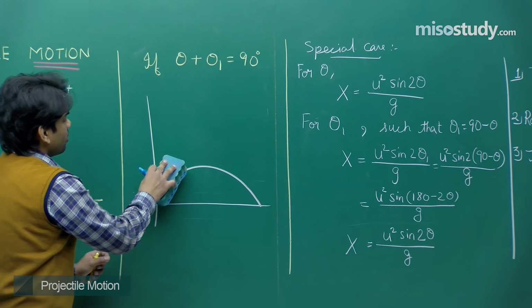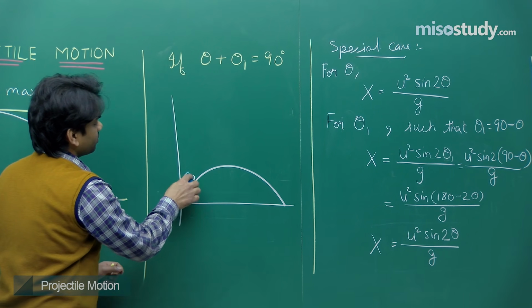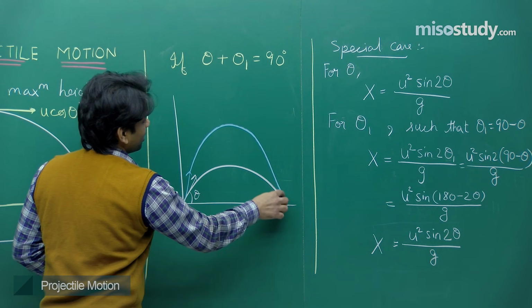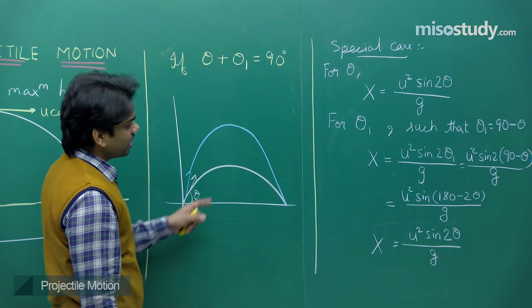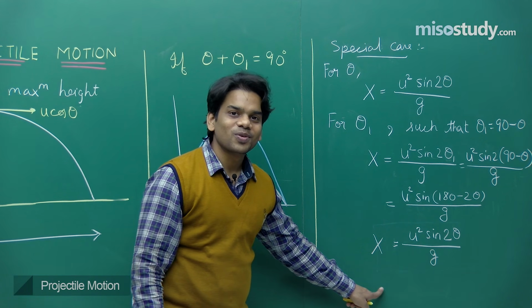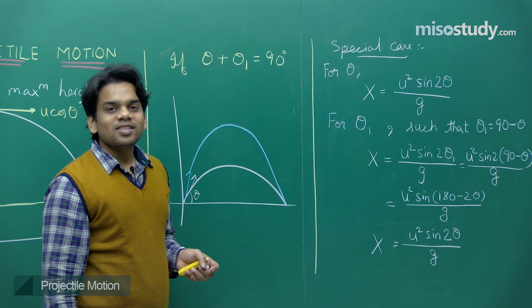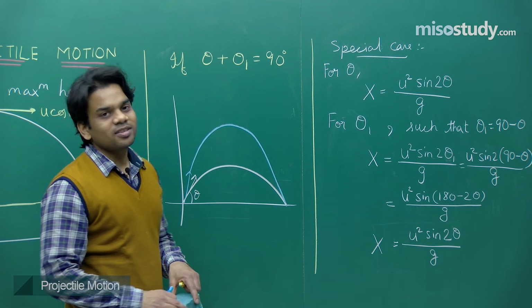Remember one more thing, velocity should be the same in both cases. The body will have the same range. So that is what we are interested to know. So if both the angles of projection are complementary to each other, then the range will be the same.